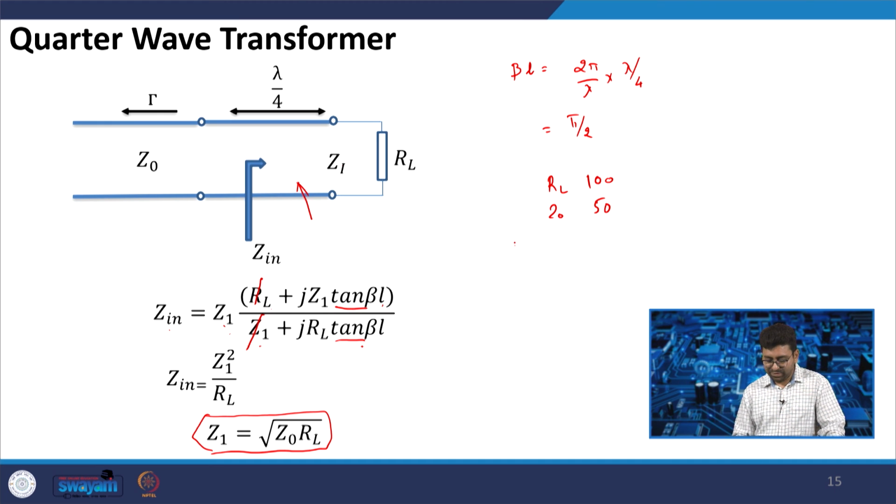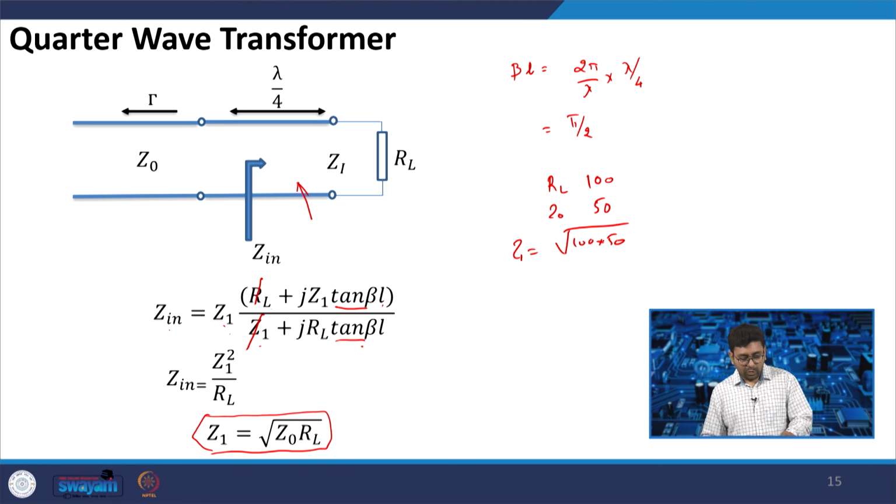Then you can easily find Z1, which is the square root of 100 into 50. So, you need to design a transmission line whose impedance Z1 is equal to this, at your frequency. So, you can get the lambda by 4 line based on the frequency of operation. Let us say your frequency of operation is 30 gigahertz. So, this is how you can use a quarter wave transformer to match your input impedance with the real load.